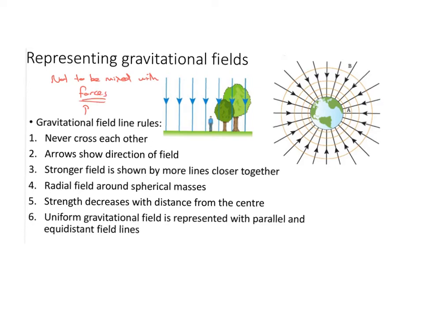When we look at this diagram of the Earth, these black lines show the gravitational field lines. Obviously, there's no such thing in the world where you see lines coming into the Earth. It's simply how we represent it, how we can show the gravitational field strength around the Earth.